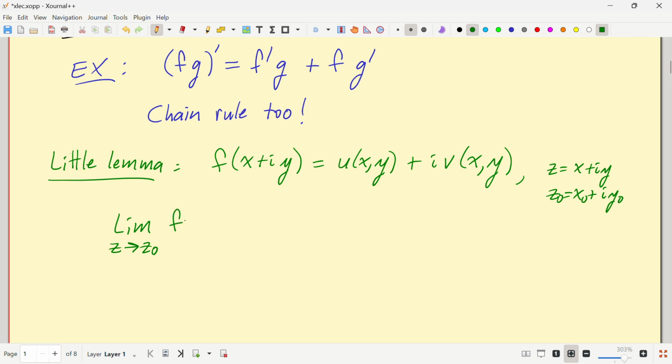So let's see, the limit of f of z equals L is equivalent to the two things that the R2 limit as xy tends to x naught, y naught of u of xy equals the real part of L.